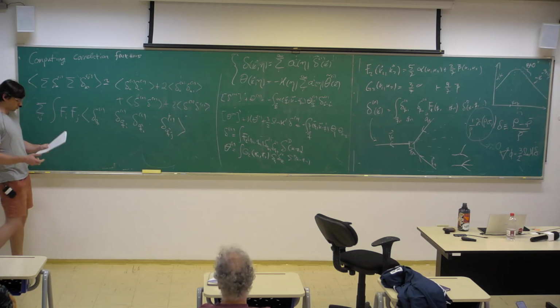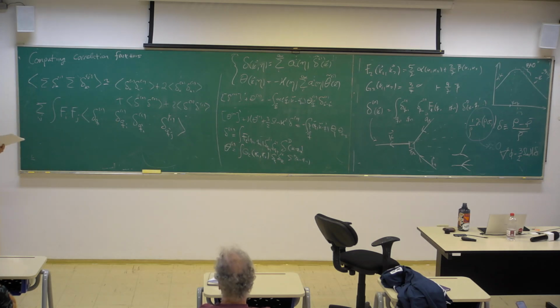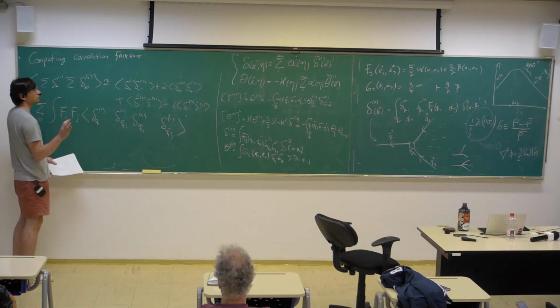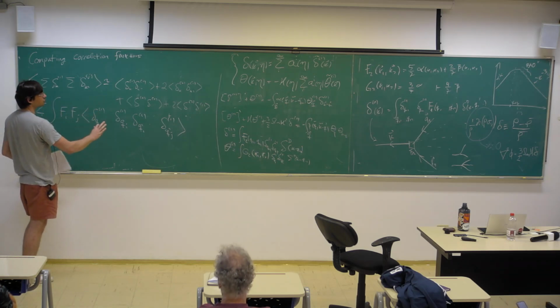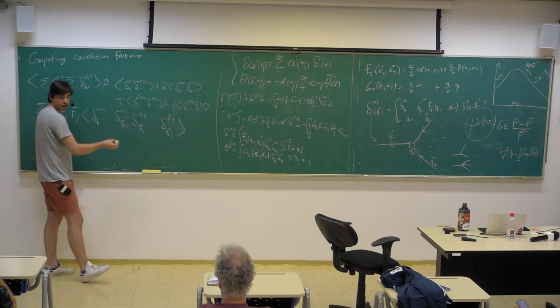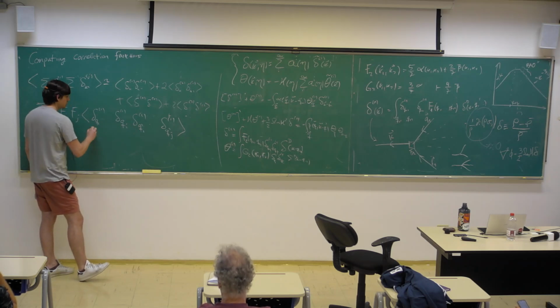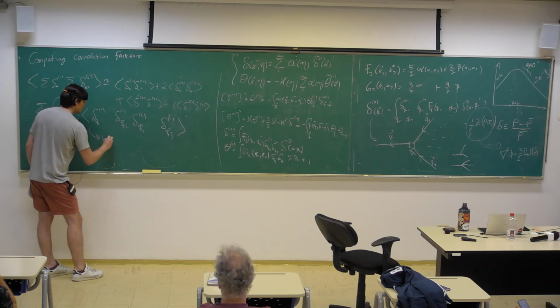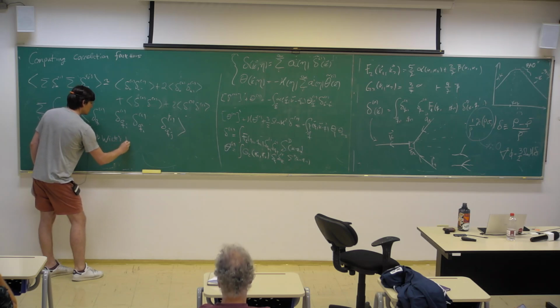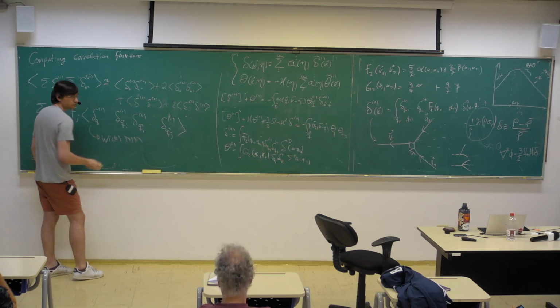So what we can do is apply Wick's theorem. What this means is that in large scale structure perturbation theory, you always reduce your problem to some large n-point correlation function of Gaussian fields that are linear, and then you compute this with Wick's theorem.